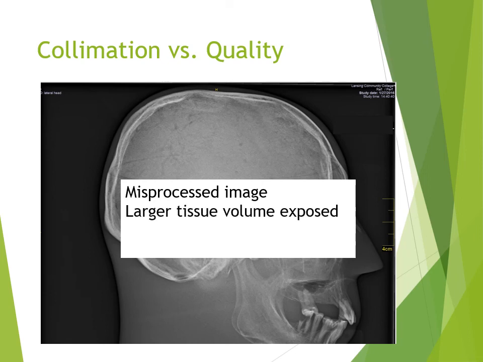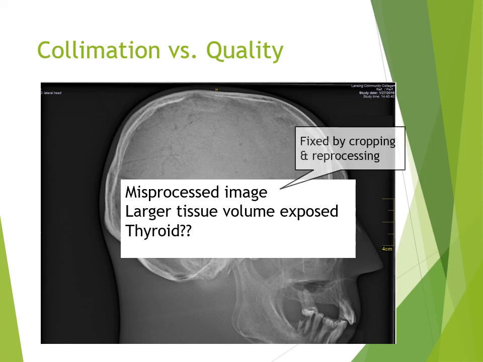A larger than necessary tissue volume is exposed to the primary beam, meaning that the patient received a larger than necessary radiation dose for that image. Additionally, the patient produces more scatter radiation in the X-ray room. Finally, there is a matter of the thyroid gland being exposed to primary radiation. The thyroid is a particularly radiosensitive organ.